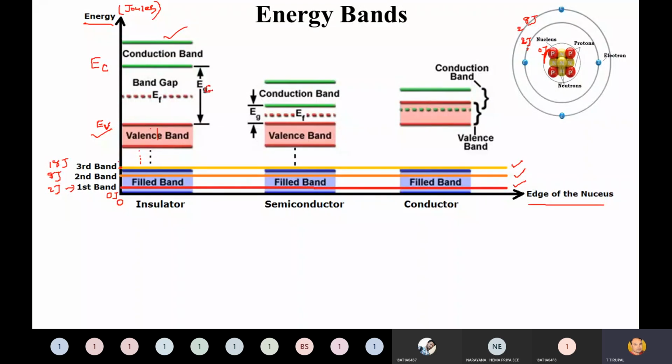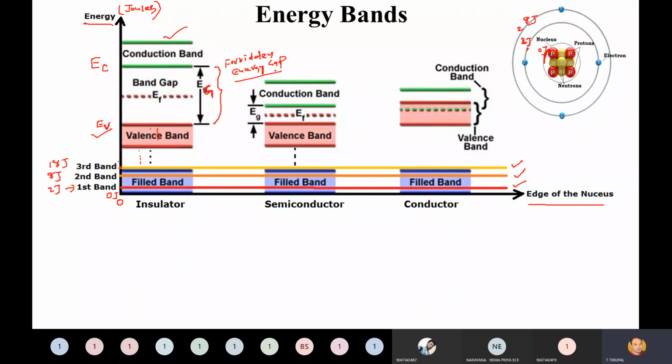It is also called forbidden energy gap. That gap is called forbidden energy gap and it is given by EG, right? Now the important points come into existence here.